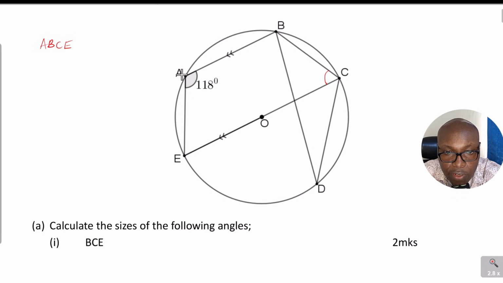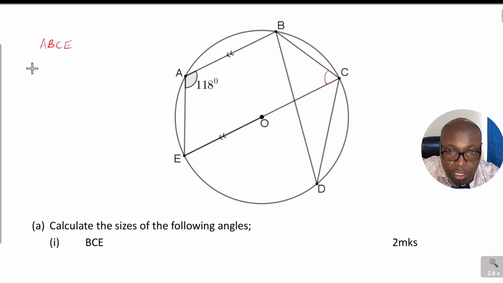You can see that all the vertices are lying on the circumference of a circle, and that is referred to as a cyclic quadrilateral. Now, in a cyclic quadrilateral, the opposite angles add up to 180 degrees. This angle that is indicated as 118, and the other one, angle BCE, the required angle, are opposite to each other.